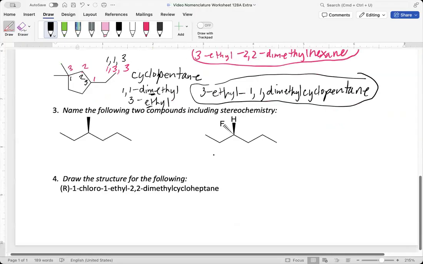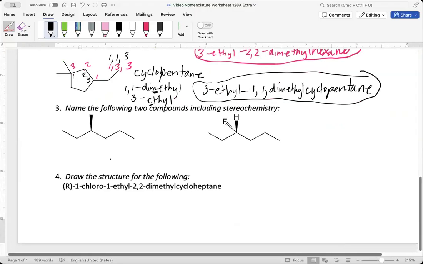Okay, let's look at these next ones here. The next ones have stereochemistry. The question says, name the following 2 compounds, including stereochemistry. So we're going to follow these same procedures that we've been doing. We're going to find the longest parent chain. So we've got 1, 2, 3, 4, 5, 6. That is hexane.